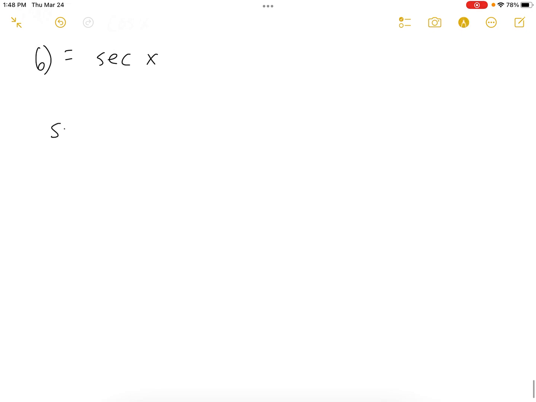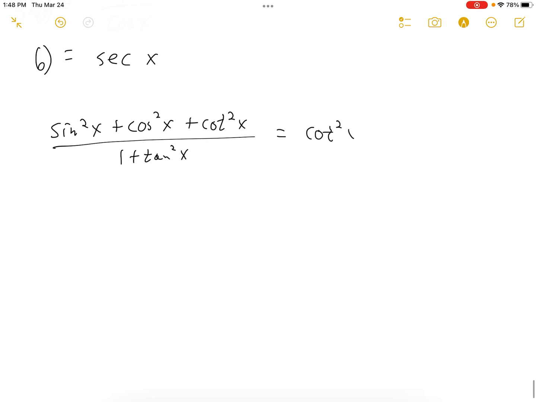The second one is really ugly. It looks like, anyway. All over 1 plus tangent squared x, and that should equal cotangent squared x. So that's the goal. All right. Well, that's where we're going to jump off, and that's what they give us first.